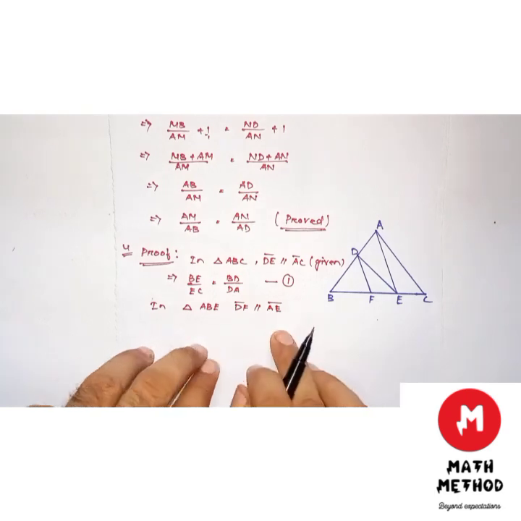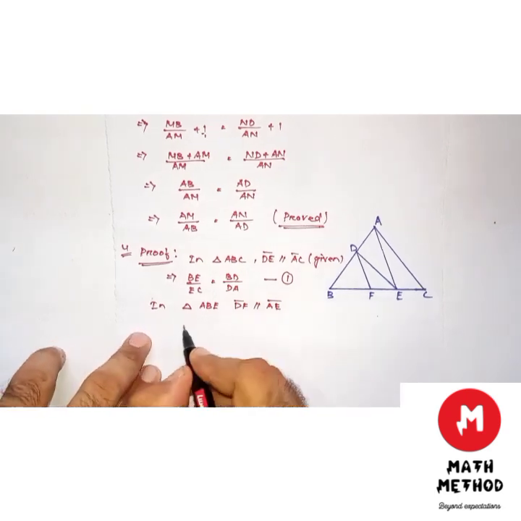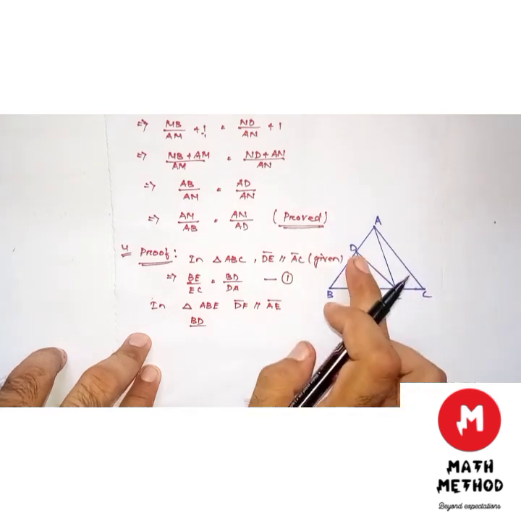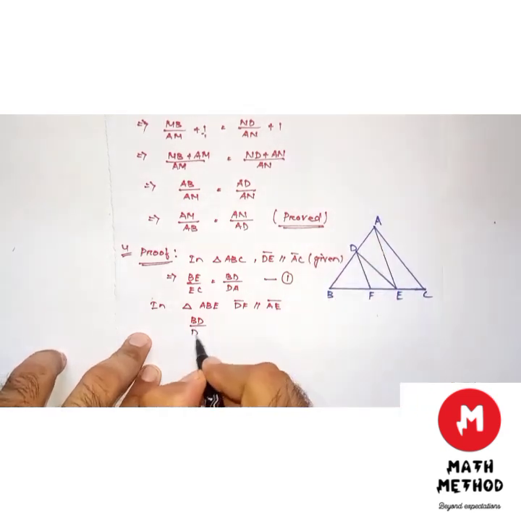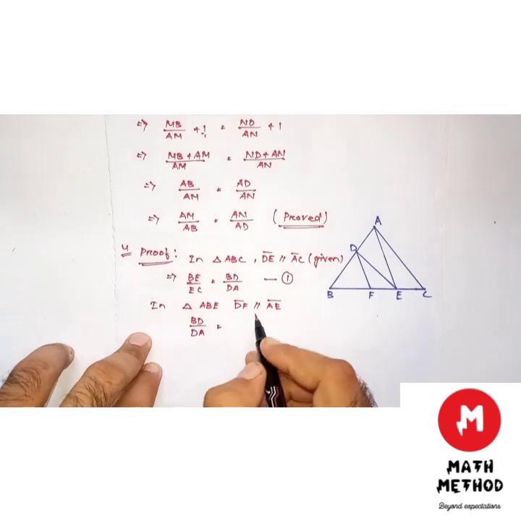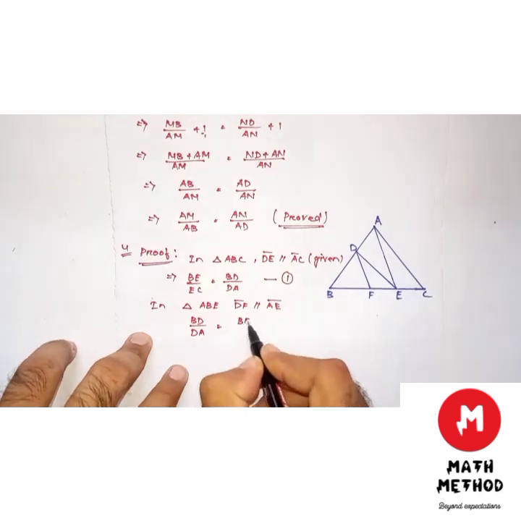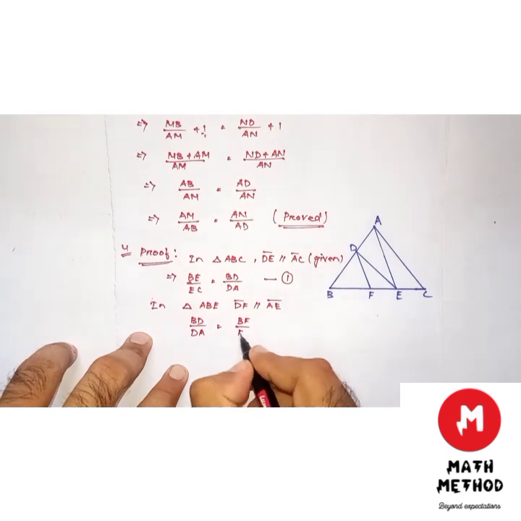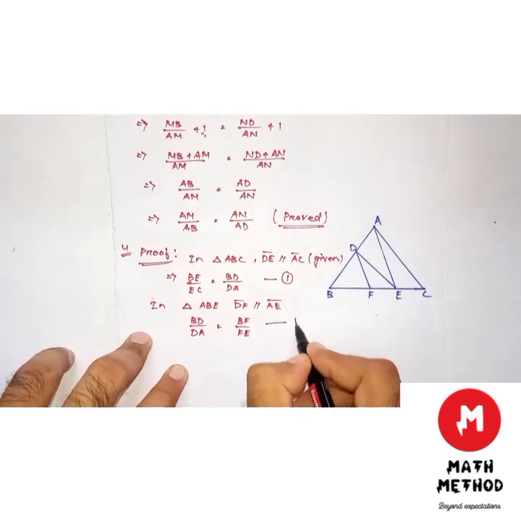Now by applying Thales' theorem, again BD upon DF is equal to BF upon FE. This is our 2.